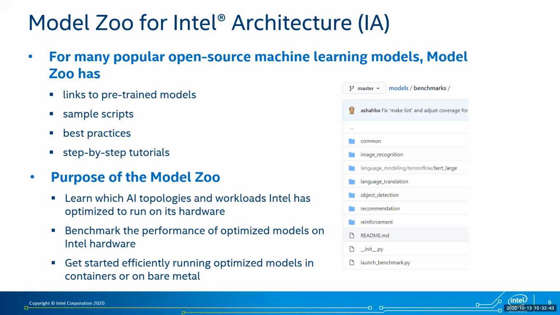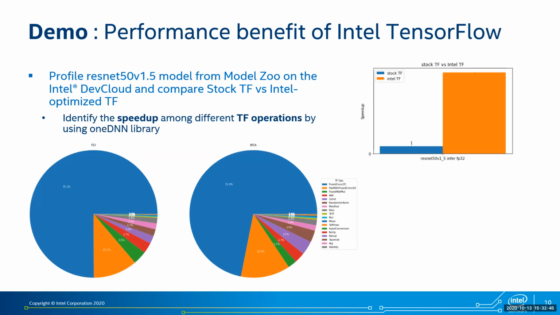Okay, so let's go to the tutorial. In the first tutorial, we want to show you the performance benefit of Intel TensorFlow. We will use the ResNet 50 v1.5 model from Model Zoo, and we are running on Intel DevCloud. If you just want to give our AI Analytics Toolkit a try, you can register for Intel DevCloud.